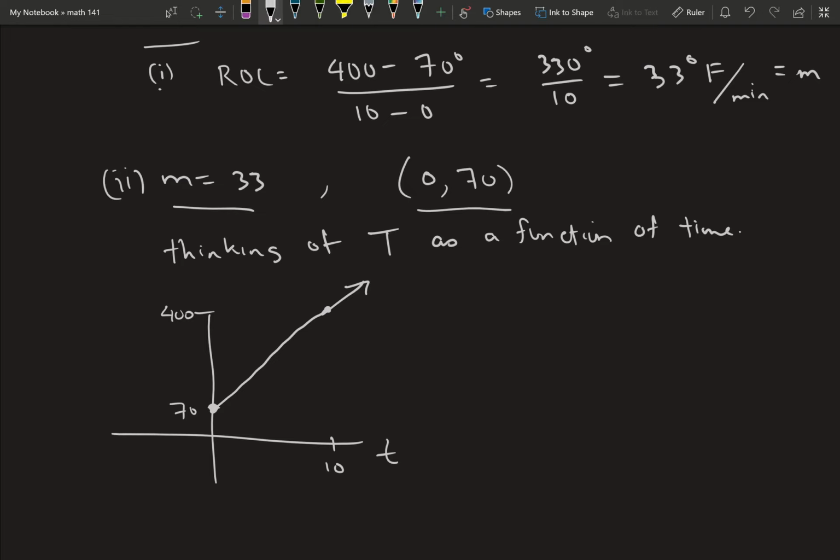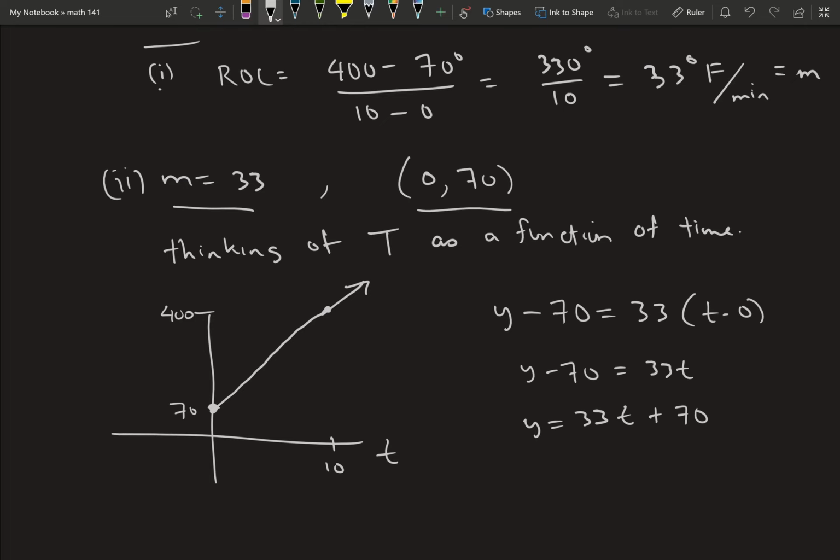Let's use the point-slope form just to be kosher here: y minus 70 equals 33 times (t minus 0). So y minus 70 is 33t, and so y is 33t plus 70, which is now the slope-intercept form.